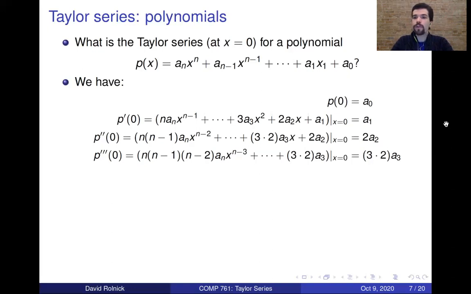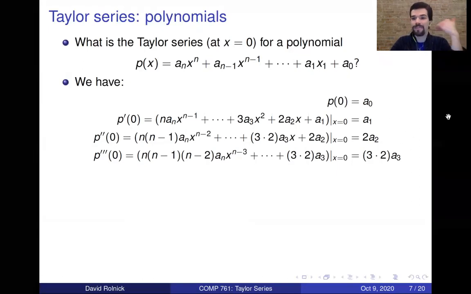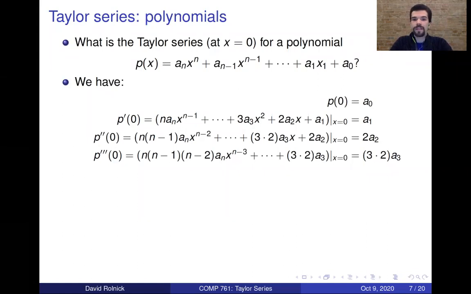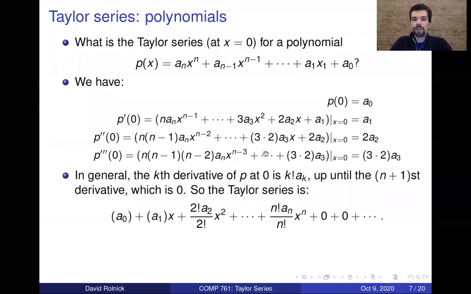Then you have 3 times 2 a3, which is the third derivative of x cubed times a3, because you went from x cubed to 3x squared to 6x to 6 times a3. And in general, you're going to get k factorial ak.